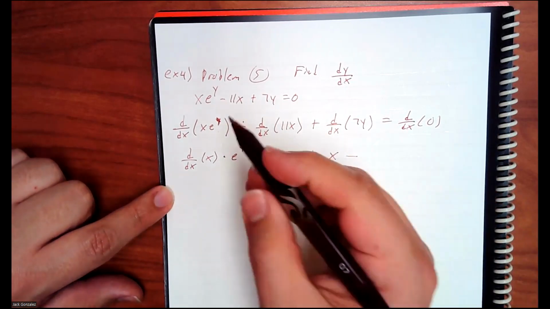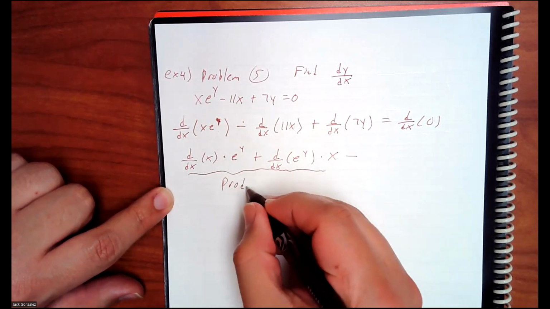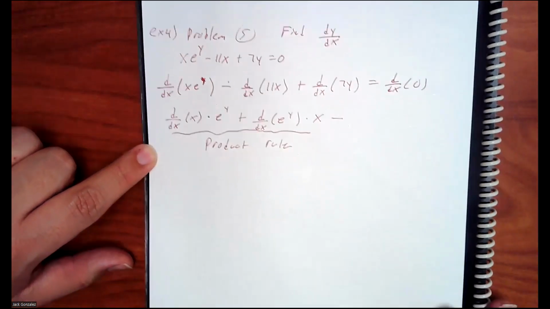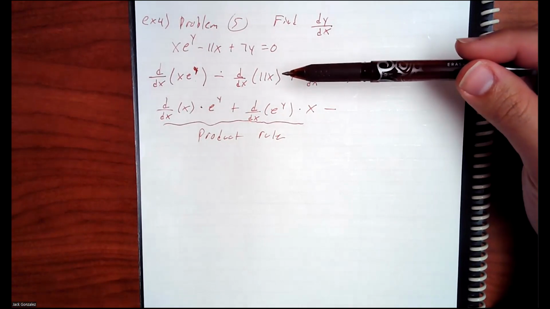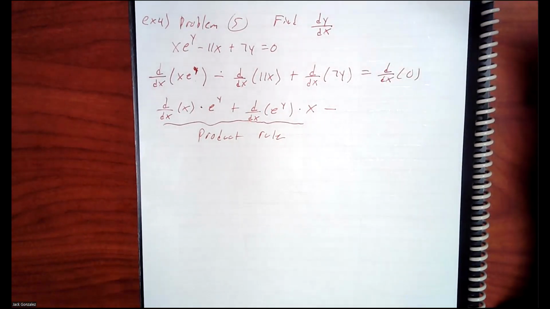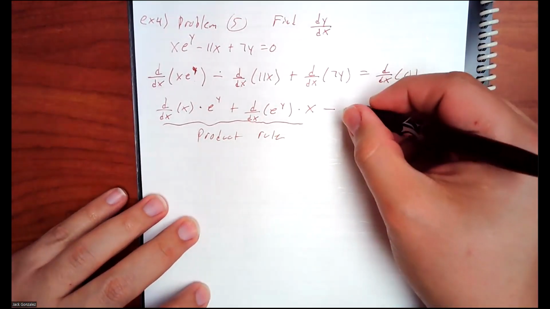So that's the product rule right here. What is the derivative of 11x? Yeah, it's going to be 11, right?